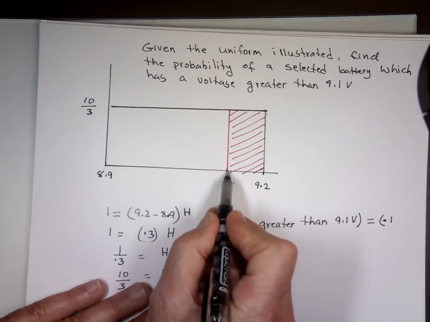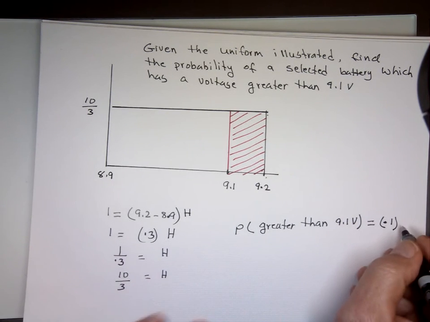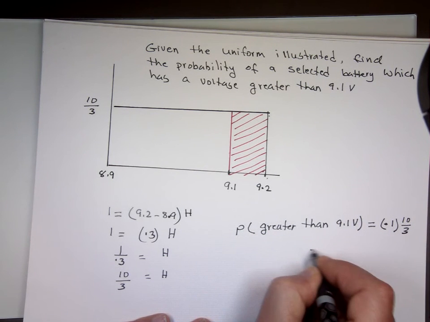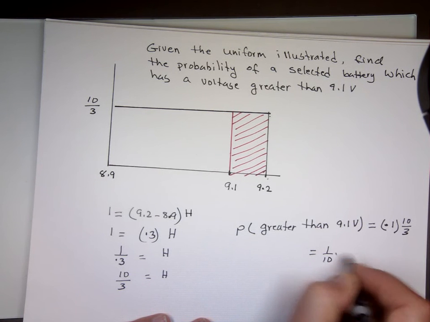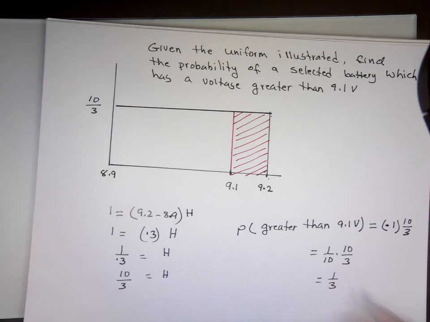From here to there, isn't that 0.1? Yeah. And what's the height? 10 over 3. 0.1 is 1 over 10 times 10 over 3. What's the answer? 1/3. What's the chance if we select a battery at random that the battery will have a voltage greater than 9.1 volts? And this one says 1/3. 1/3 of the batteries that we make have a voltage higher than 9.1 volts.